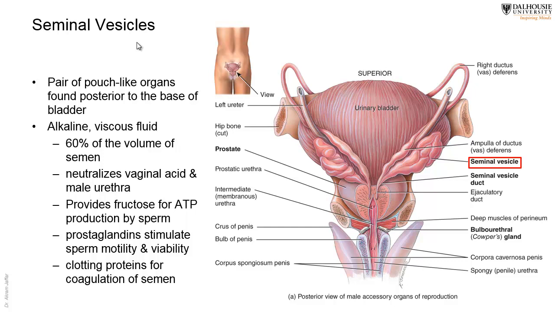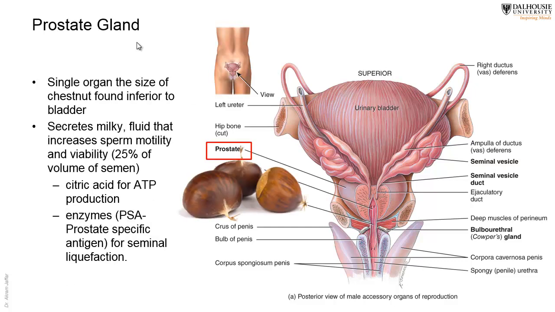Again, I repeat, this fluid is important because it provides nourishment for the sperm. It is alkaline, and it induces the motility of the sperm by the prostaglandins it contains, and the clotting.